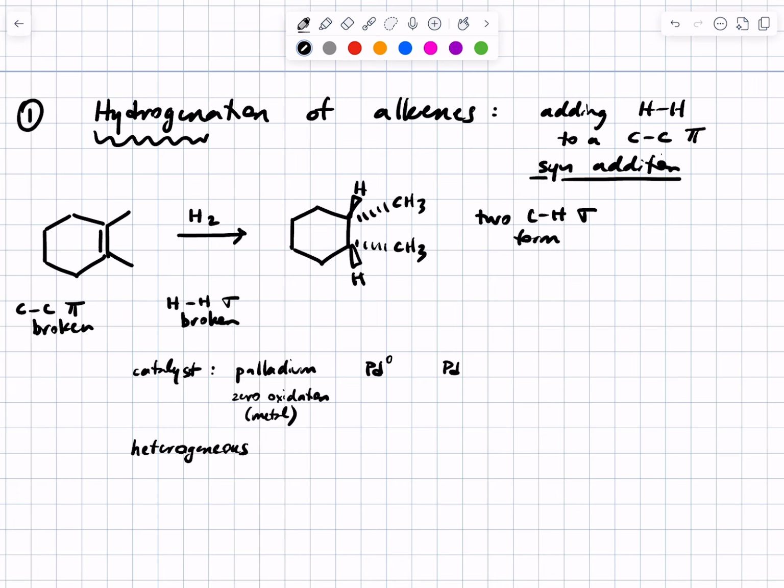Okay. So anytime you need molecules to react at a surface, surface area is a big deal. So you don't just throw a chunk of palladium metal into the reaction. It's actually more efficient to have that palladium metal be finely divided as a powder. And in practice, what people do to stabilize the metal and to make it easier to work with is they'll grind up palladium metal with charcoal.